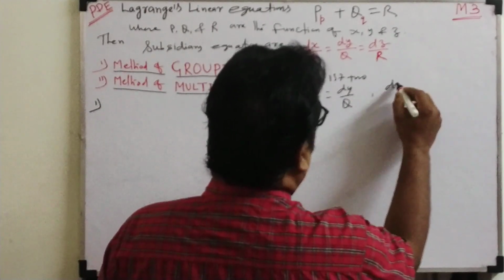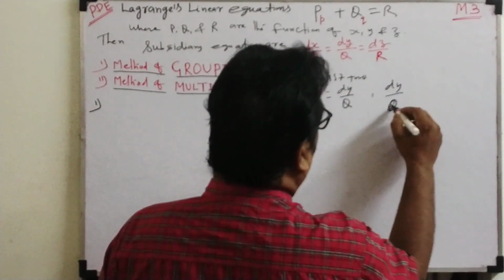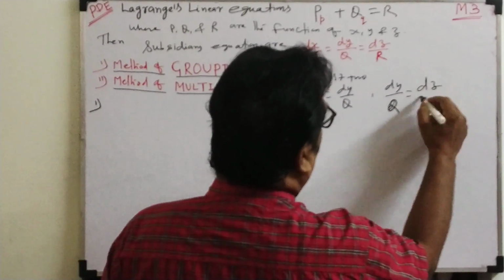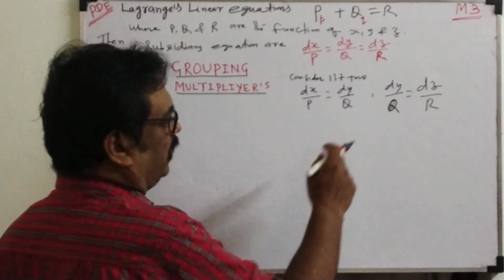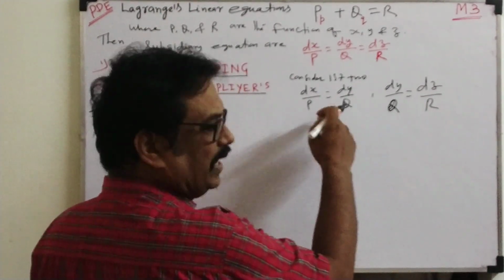Next, if we take dy by Q equals dz by R, we see that x terms should not be there. If z terms are there, we eliminate the z terms first.